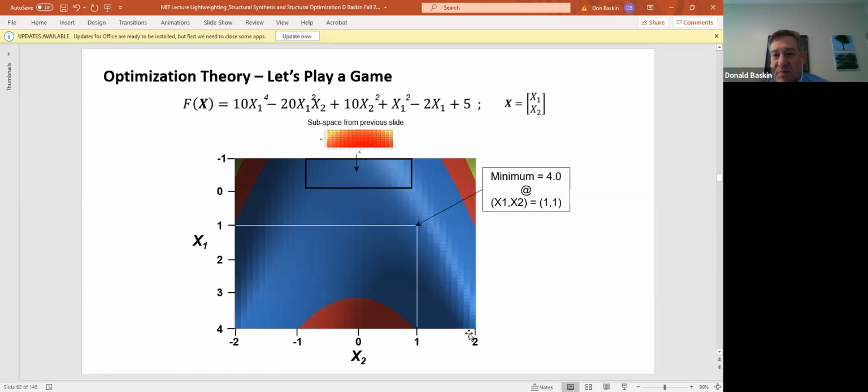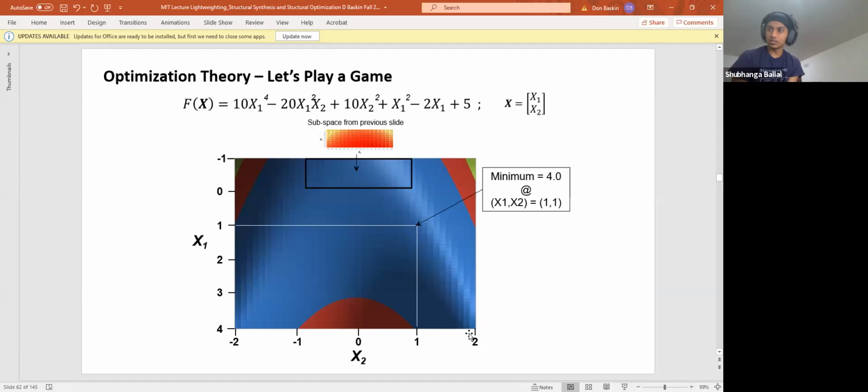And you're looking at this bigger domain, okay, and the minimum is somewhere else. In this case, the minimum is at 1, 1, and the minimum is actually 4 rather than 4.84. So it should become apparent to you at this point that the minimum is going to change depending on how big a design space you look at. And the maximum will depend on how big a design space you look at.